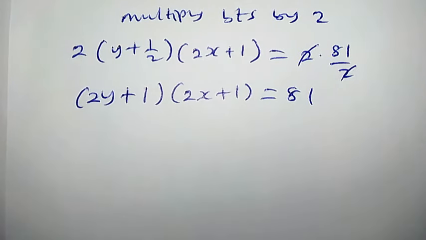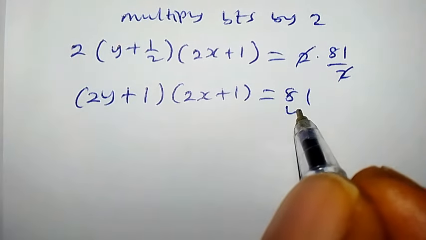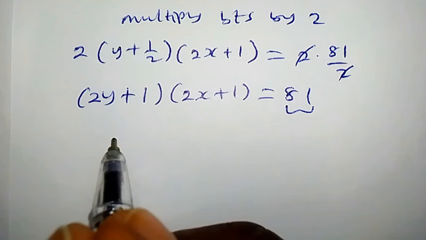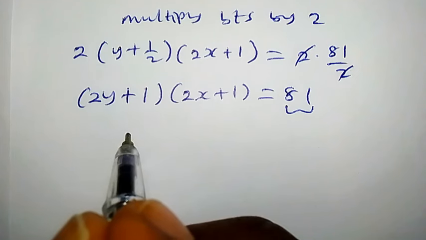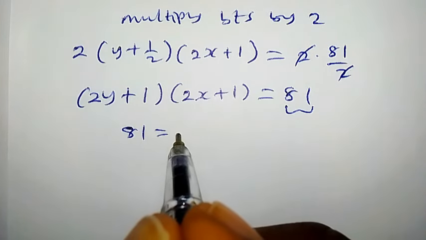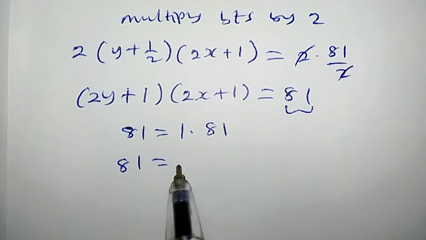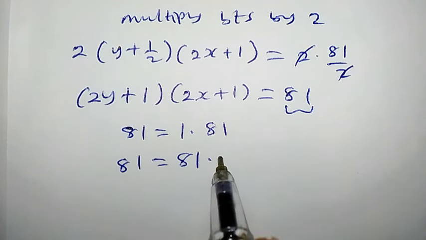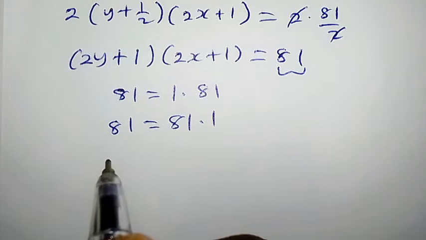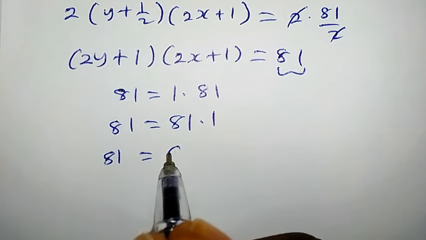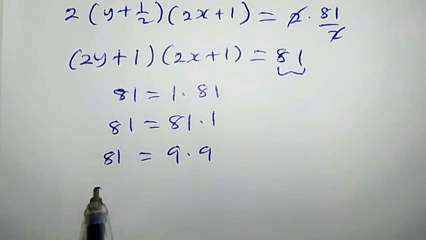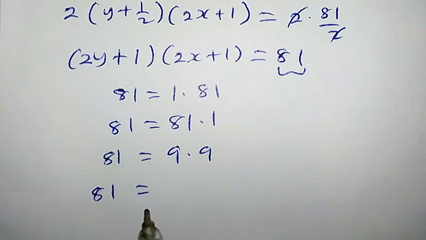The next step now is to consider 81. We can write 81 in a couple of ways. 81 can be written as 1 times 81. 81 can also be written as 81 times 1. We can also rewrite 81 as 9 times 9. 81 can also be written as 3 times 27.